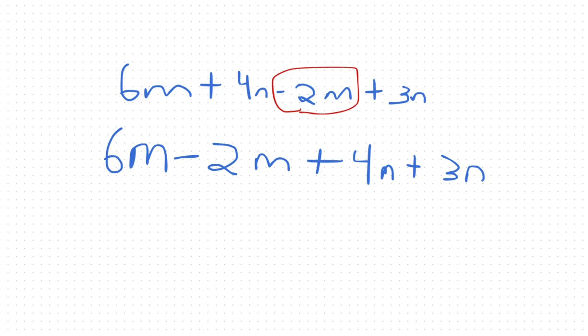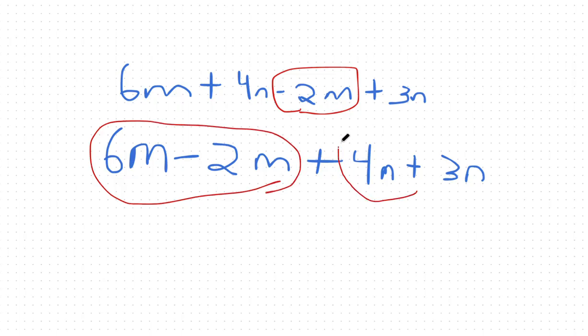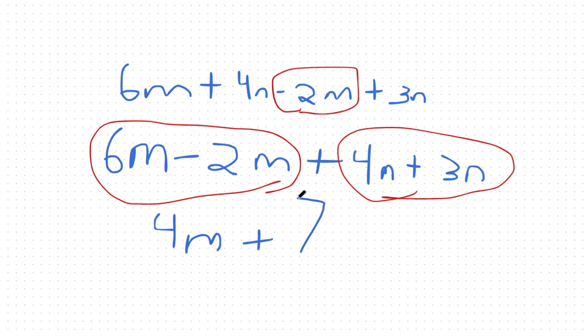Let's go ahead and combine like terms. So again, these are the like terms. They have the same variable. So we have 6m minus 2m is 4m plus 4n plus 3n. That's 7n. That is our combined and simplified equation.